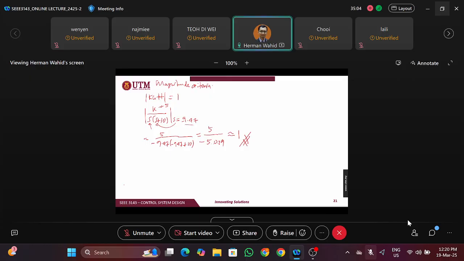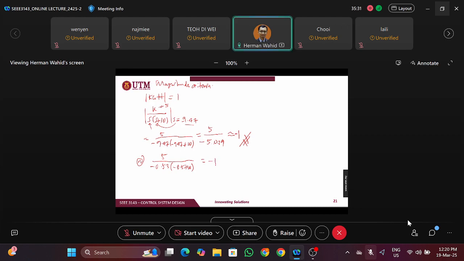You can also test it using another point, which is negative 0.53, the other closed loop pole. So negative 0.53 plus 10, and then finally, it is actually negative 1. This is also negative 1.